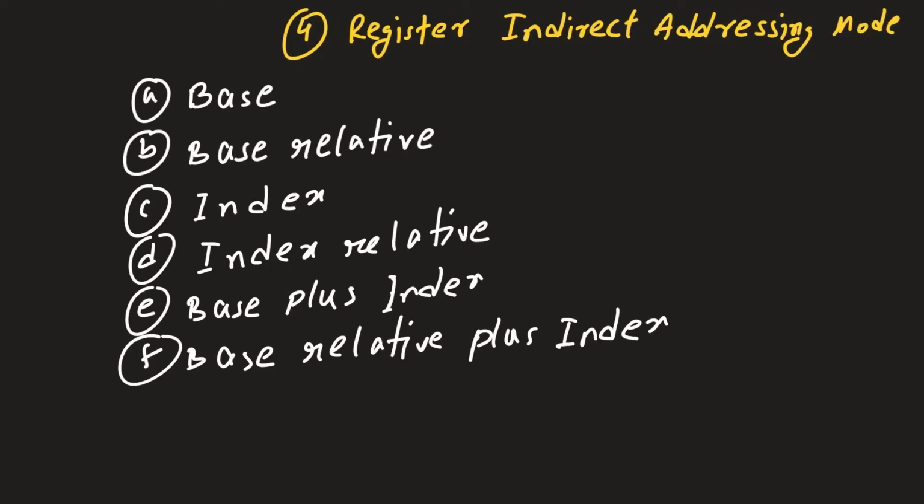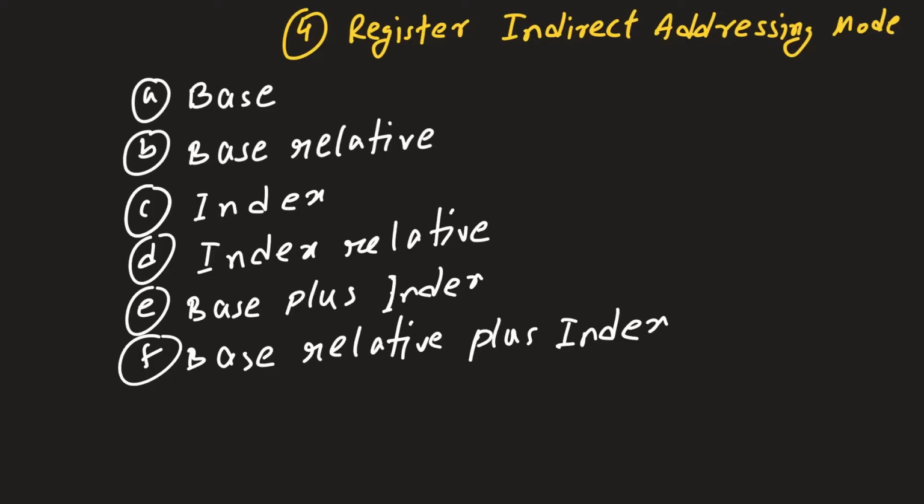The next one is register indirect addressing mode. Now this addressing mode can also be sub-categorized into 6 categories: base, base relative, index, index relative, base plus index, base relative plus index.